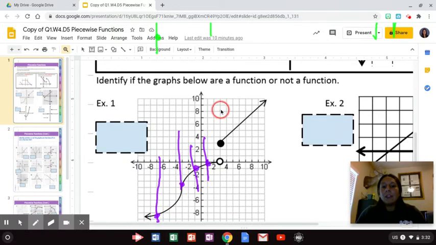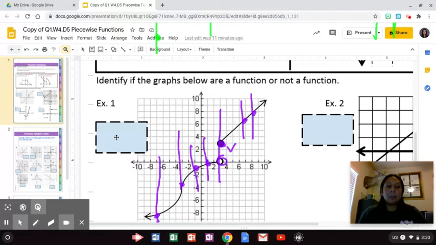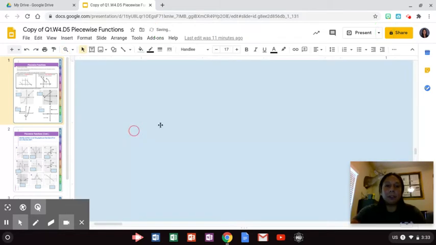If I draw a line right here, does it hit 1 point? Yes, it hits this point and it's not touching that point right there. So that is okay. And no matter where I draw a vertical line up and down, it's only hitting 1 point at a time. So we call this a function. So inside this little box right here, all we're going to type is F. You could put function, or you could put an F for function.